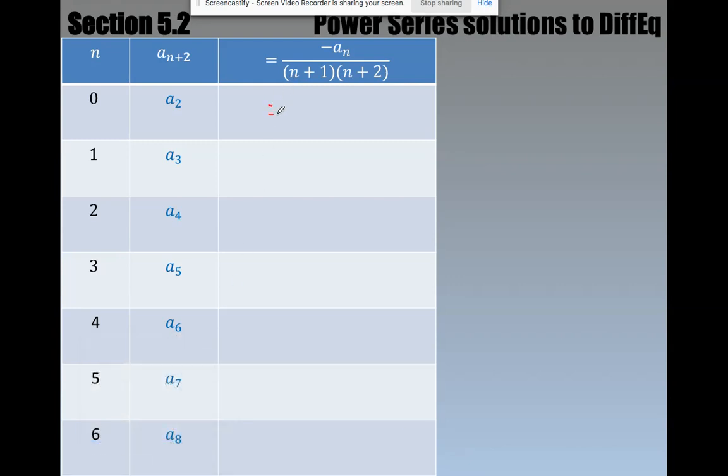So this time, fill it in all the way down.